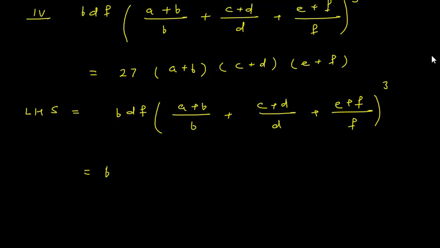So let us take this as BDF only, and now a can be written as b into k.